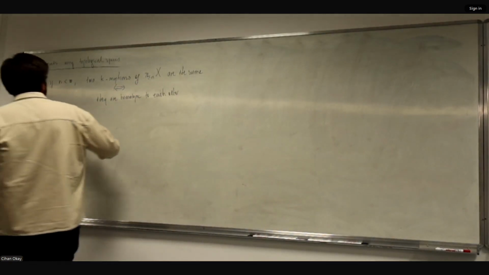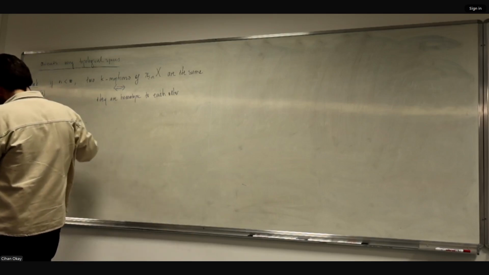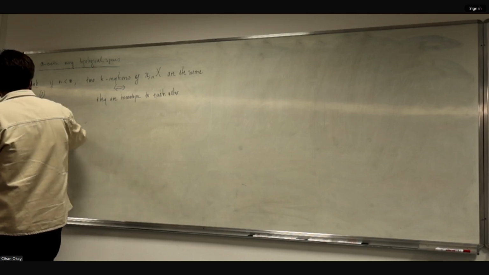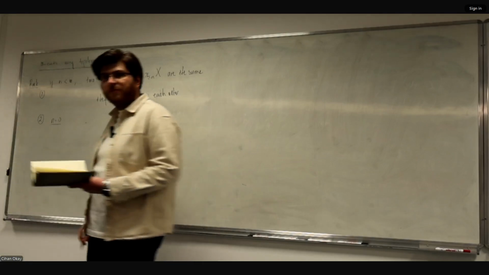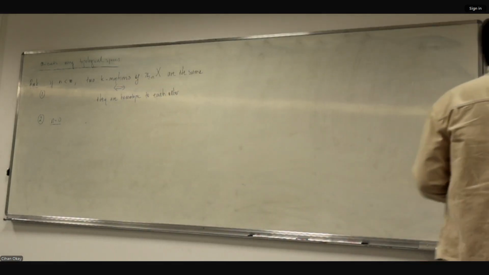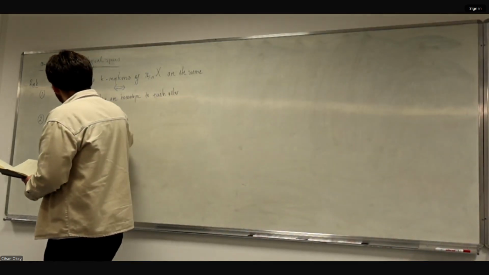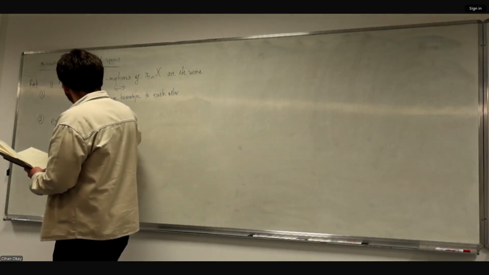Okay, good. And what else? This is the first remark. And the second thing: when n is 0, what's happening? When n is 0, you end up with pi 0. This notation is chosen intentionally.